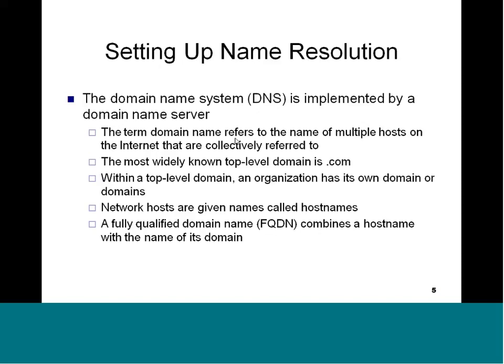So the DNS will just store that name, www.example.com, along with its IP address, so that if you type in www.example.com, it takes you to that site using the actual numerical IP address.